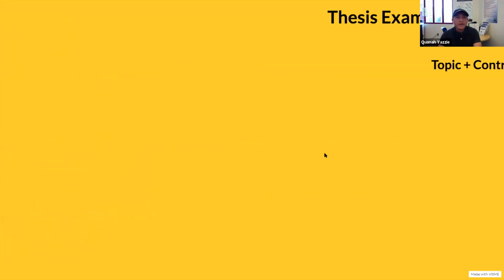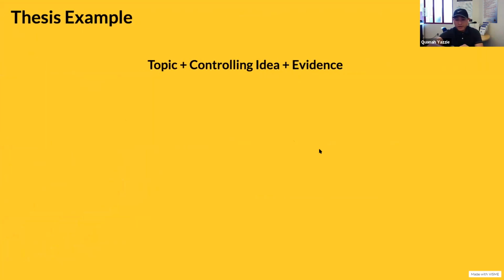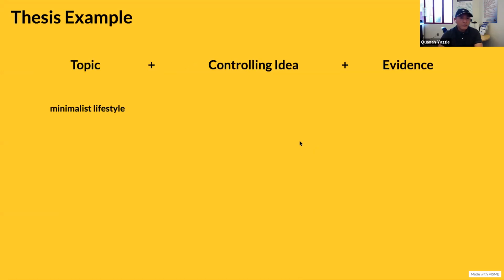So an example here for a thesis statement: we have topic plus controlling idea plus evidence, right? Let's go back to the minimalist lifestyle as our topic. Our narrow topic was why people choose a minimalistic lifestyle. But this is going to change, because after we've asked all those questions about that narrow topic, we can pick something specific to focus on.